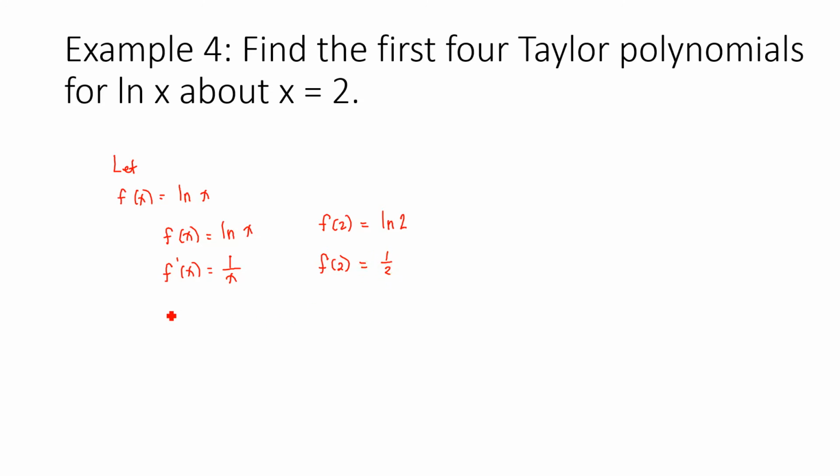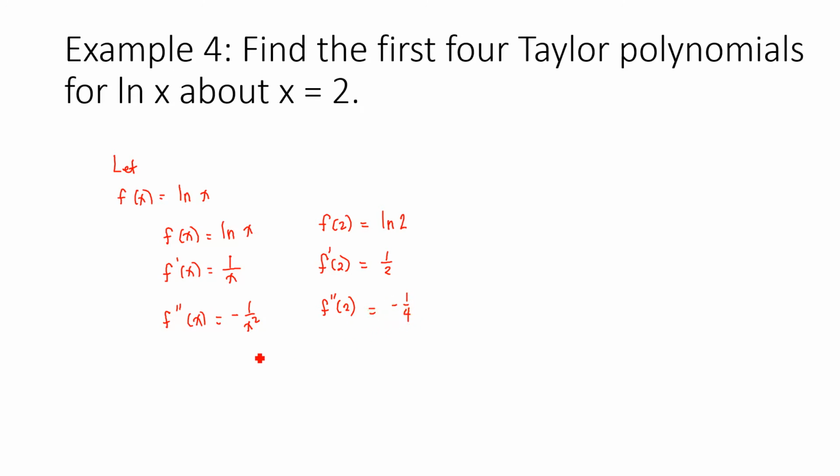Then the second derivative, in this case, you have negative 1 over x squared. So the second derivative at 2 would be equal to negative 1/4.